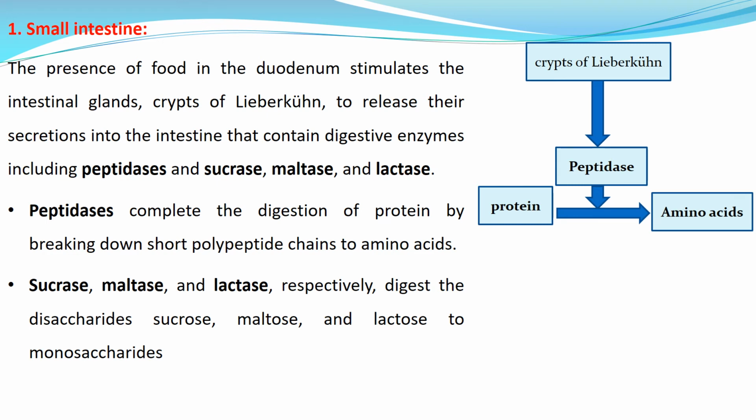And each of these enzymes has a specific function within the small intestine. For instance, peptidase is responsible for the completion of the protein digestion by breaking down the short polypeptide chains into amino acids.